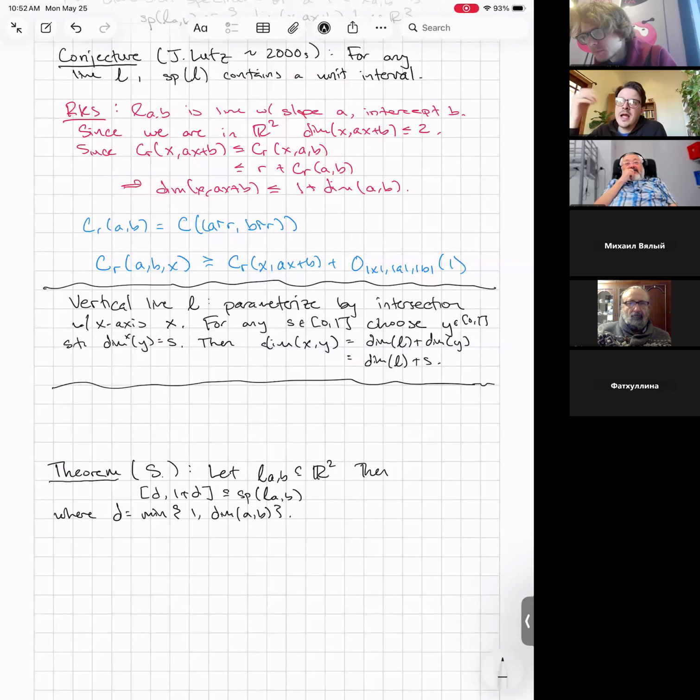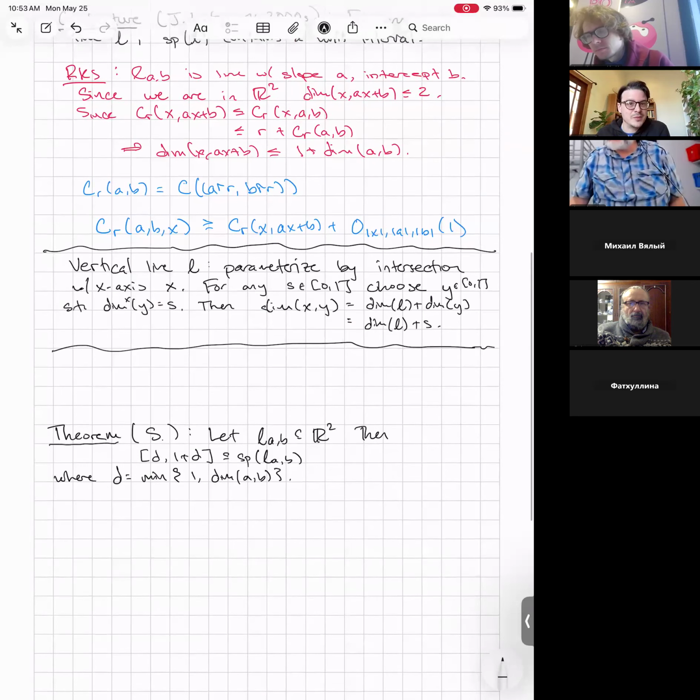Given a line and a number alpha, we don't yet know the dimension of the set of points whose dimension is at most alpha. So it's not completely known, but there's some partial progress. But at least you know that the spectrum is not determined by the complexity of the line and could be different for lines of the same complexity. So it's a much more subtle question at the lower end of the spectrum.